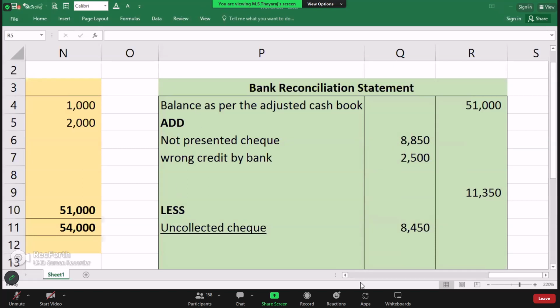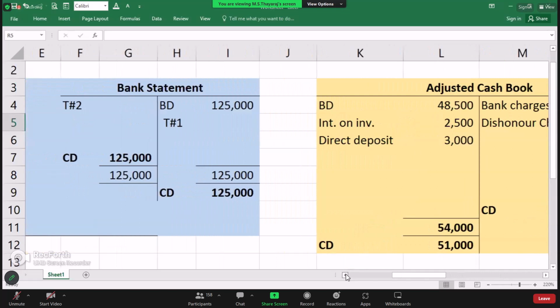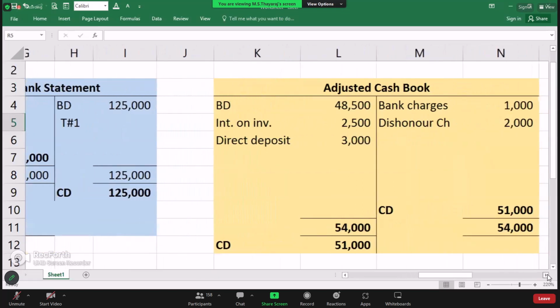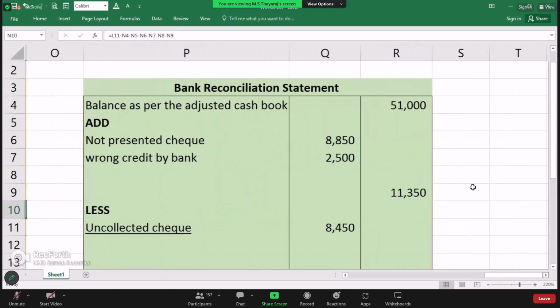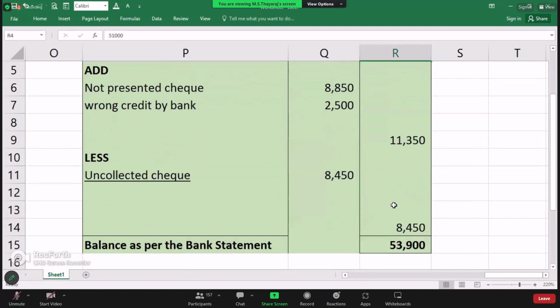I have already balanced the corrected cash book, balance 51,000, so it should be transferred to the bank reconciliation statement.